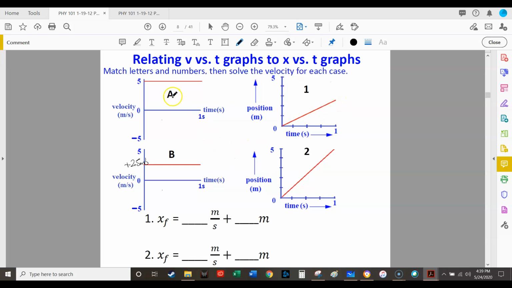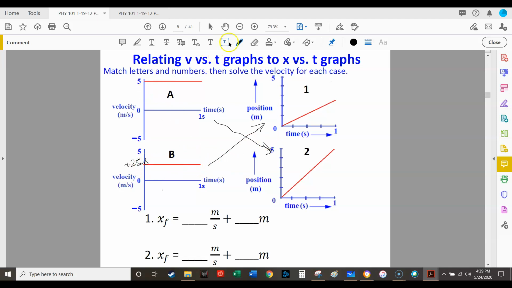So it looks like graph A goes with 2, right? Because it's steeper. This constant velocity is a higher velocity, and a higher velocity in a velocity versus time graph goes with a steeper position versus time graph. B is a more level graph, and that's 2.5 meters per second over the entire time.